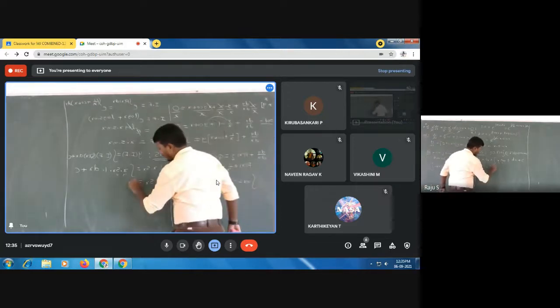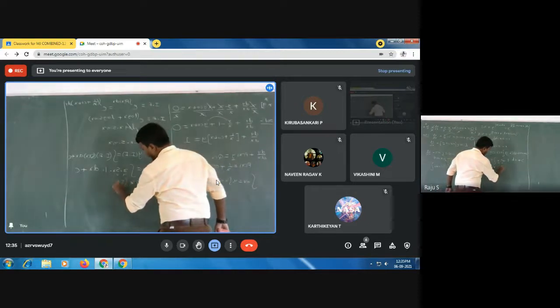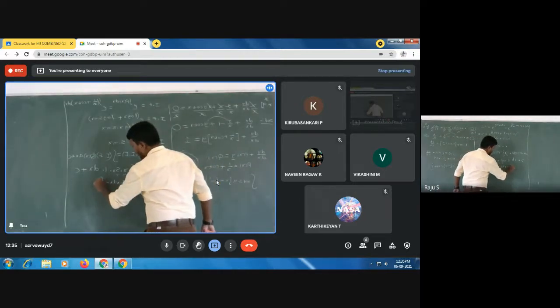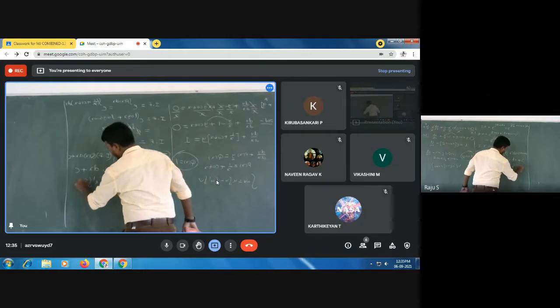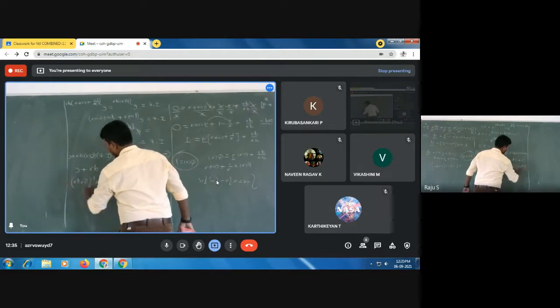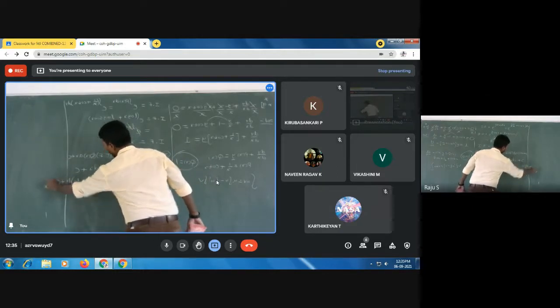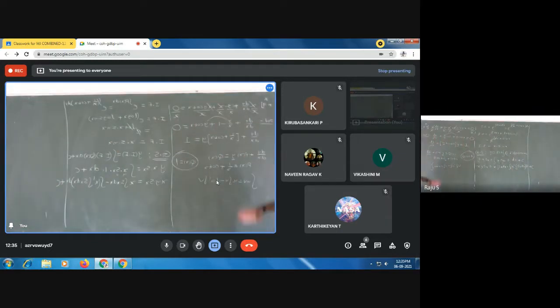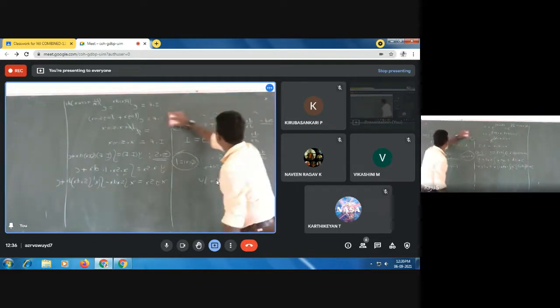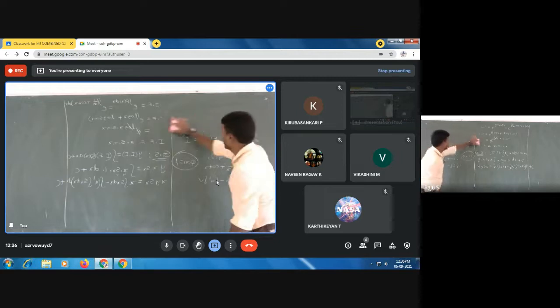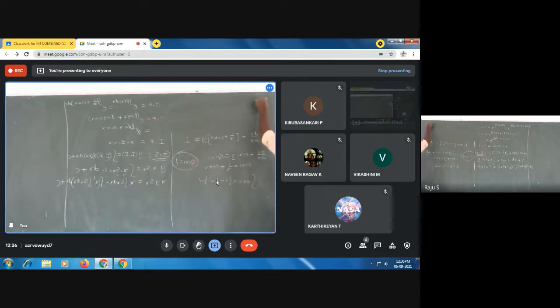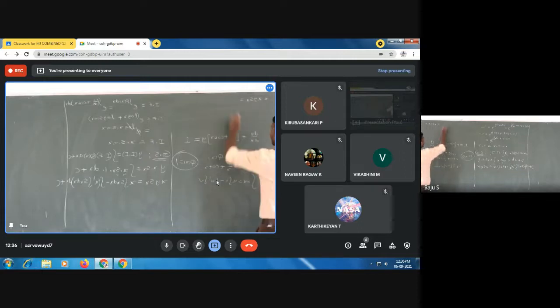So x times integral of sin x dx minus integral of x dash times integral of sin x dx. Now the left side is the integral of x sin x, the right side is x into minus cos x.